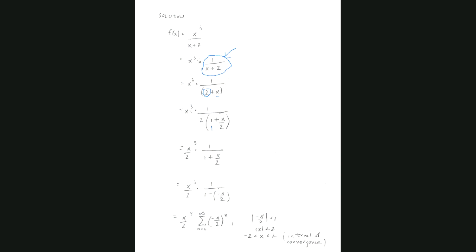And I can write this as now x cubed over 2 times 1 over 1 plus x over 2. So the fraction is looking better. But what do we want there instead of the plus?